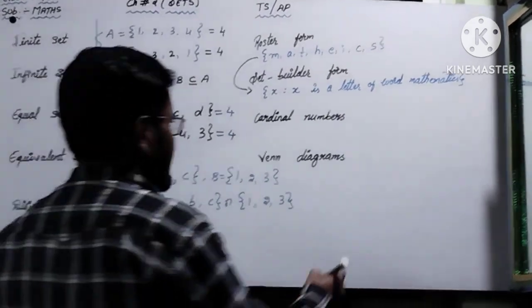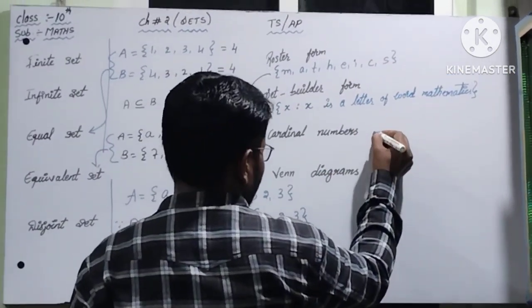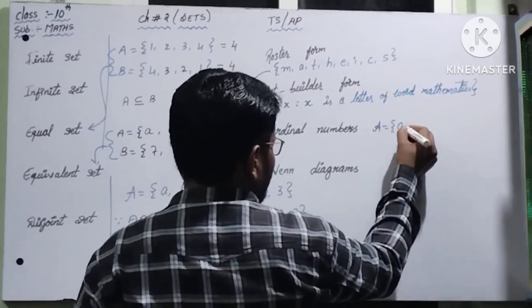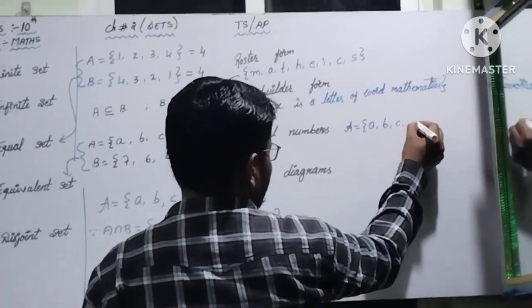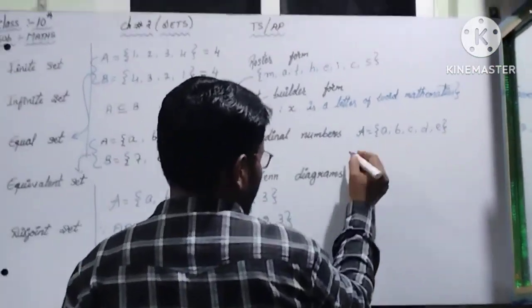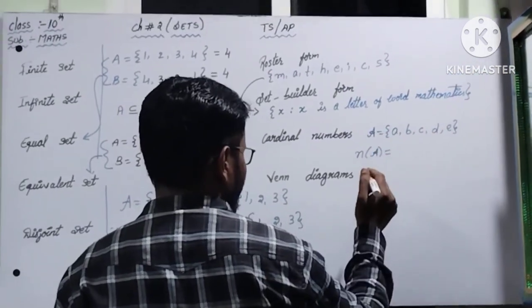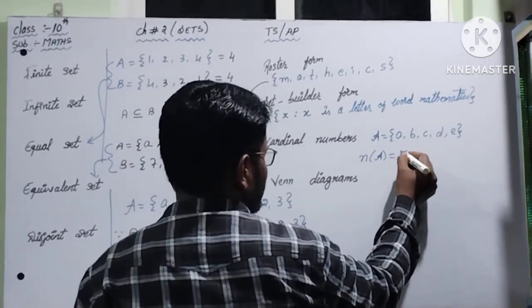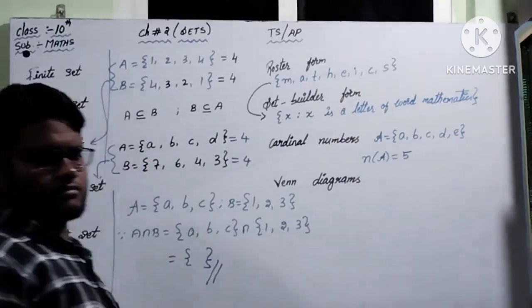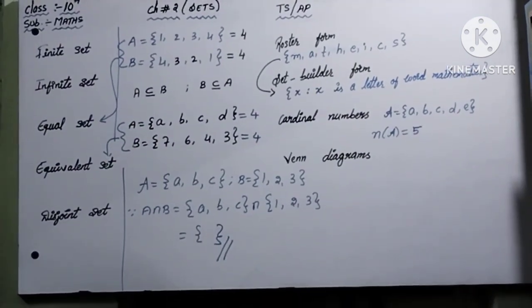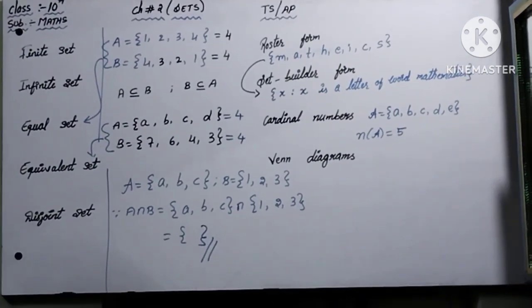Suppose A is equal to A, B, C, D, E. Then the cardinal number of A is how many elements in this set A? 5. Just mention only the numbers.